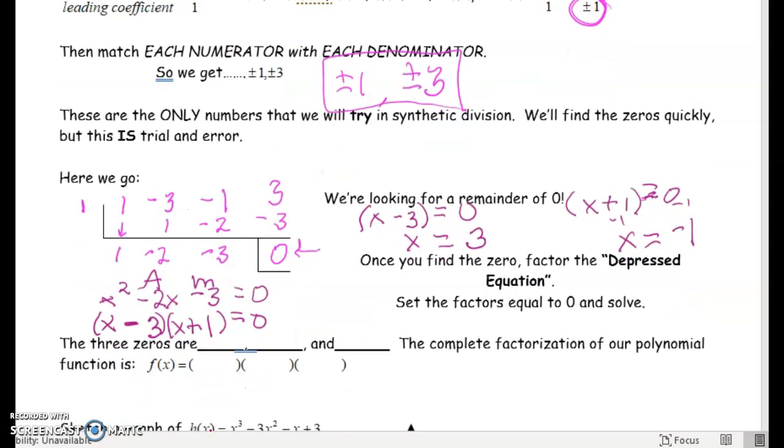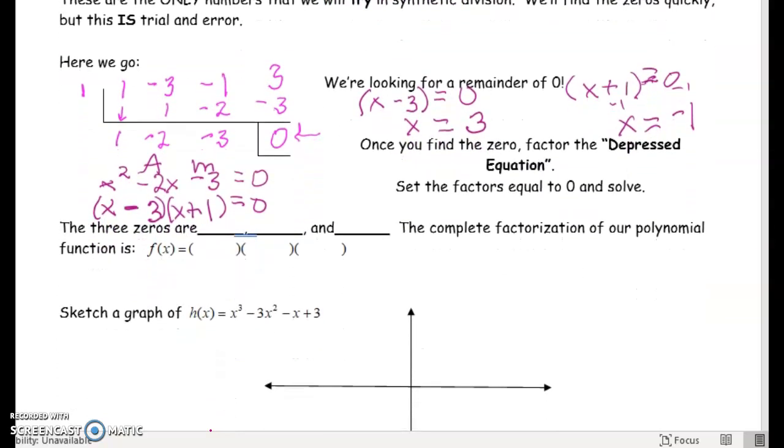So the zeros are +3, -1, and +1, the one we found using synthetic division. So +1, +3, and -1. Those are the zeros.